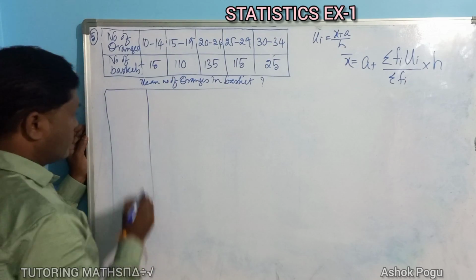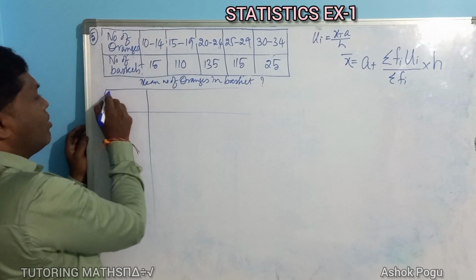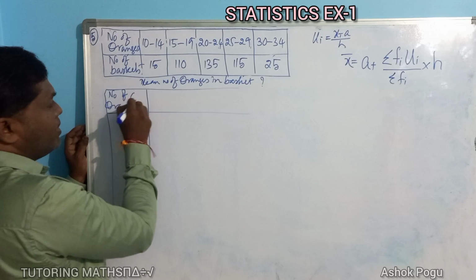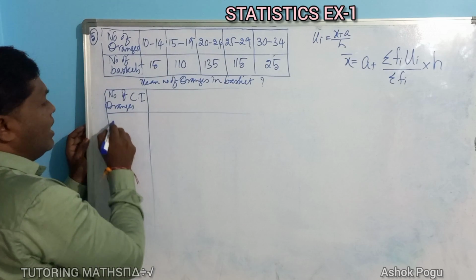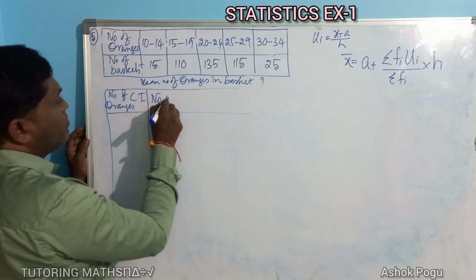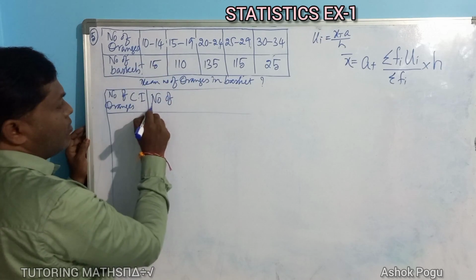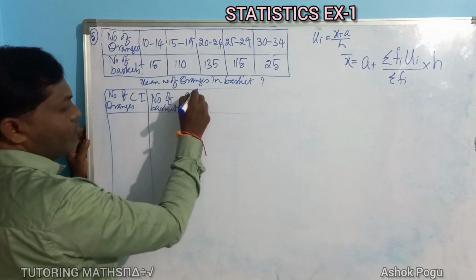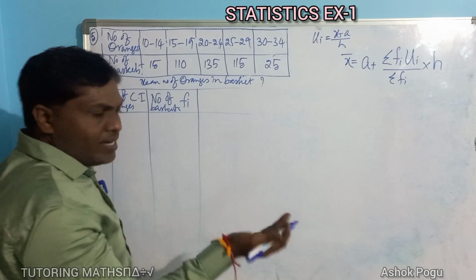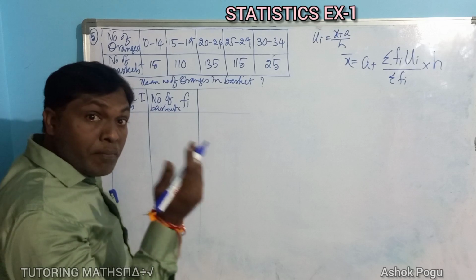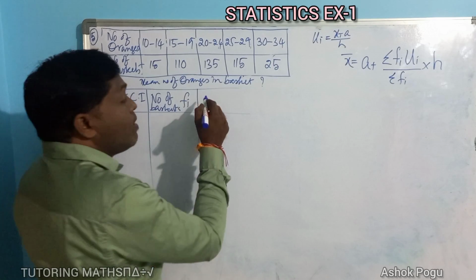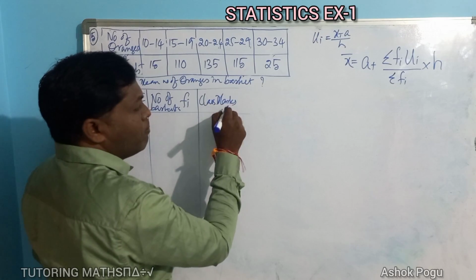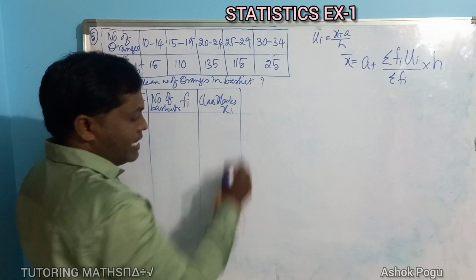First, the number of oranges is nothing but the class interval. And next, the second row, number of baskets, you know that this is nothing but fi. And what do we require? We require mean values, class marks, that is mid values xi.